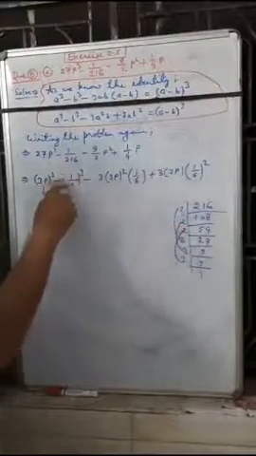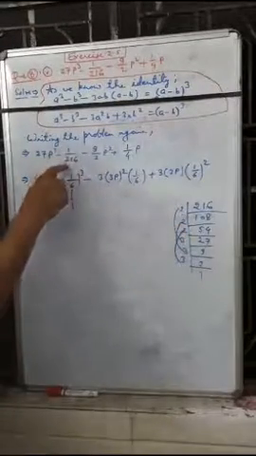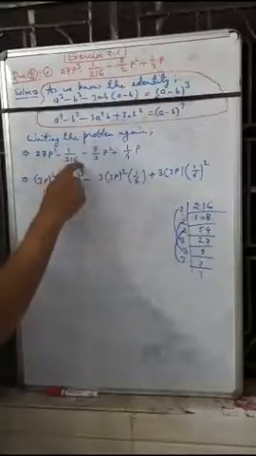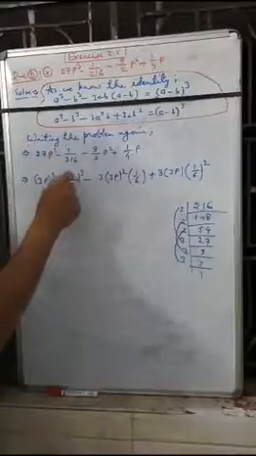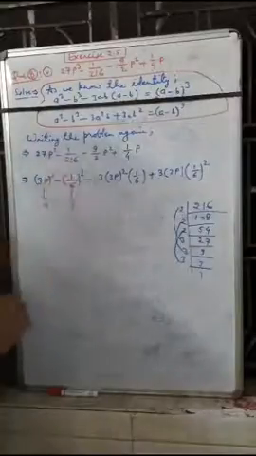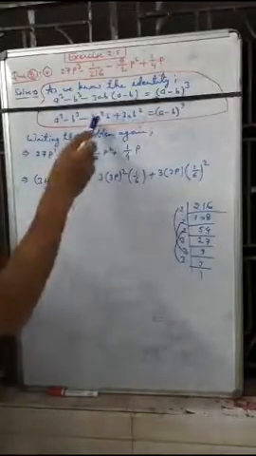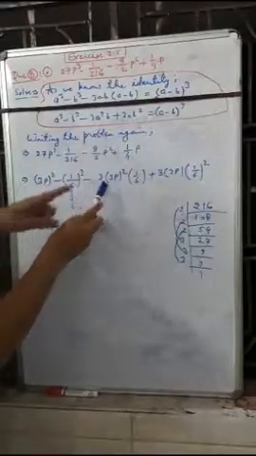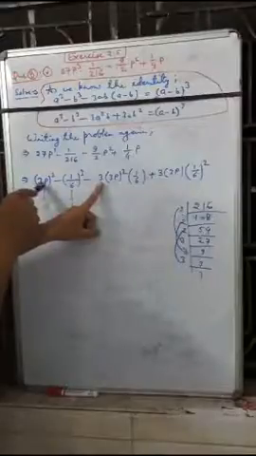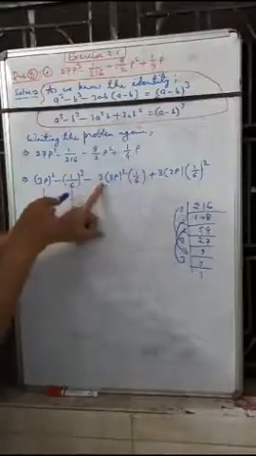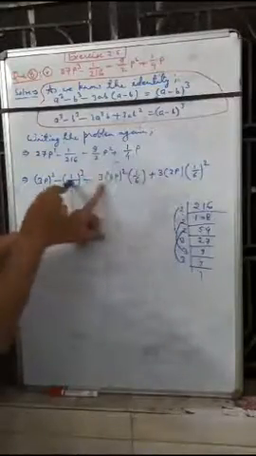So 1 upon 6 whole cube we can write for 216, since 1 cube is always 1, but 6 cube, 6 to the power 3, is equal to 216. Now again look at the identity: 3a square b. Write down here 3a square, that means a is equal to 3p here, (3p) whole square, then put the value of b here, b is 1 by 6.